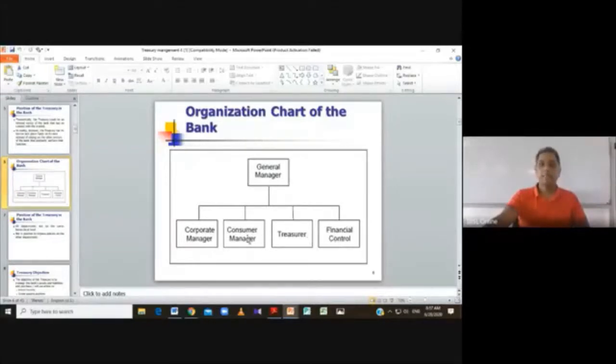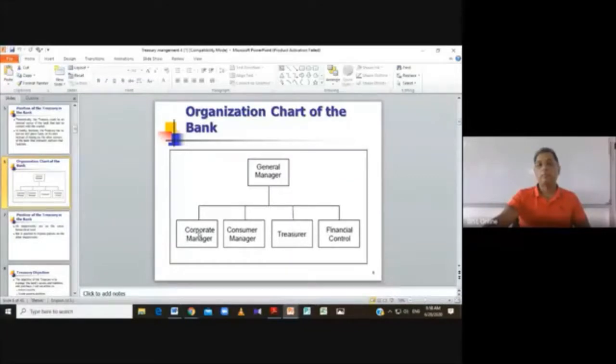So an important thing in this slide is that the treasurer sits independently of these groups, even the financial controller. The reason is there is no conflict there. The treasurer has an independent view of what the bank is doing, for the very reason I told you earlier. For example, if the treasurer is reporting to the corporate banking manager, and then to the CEO, what happens there?